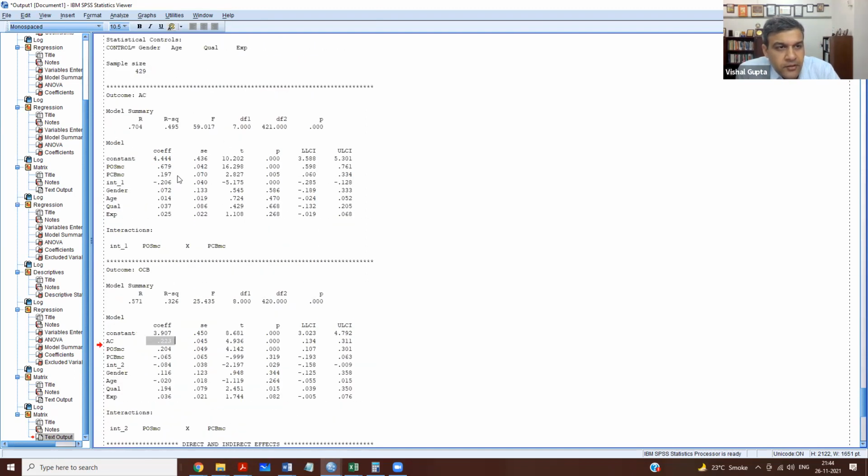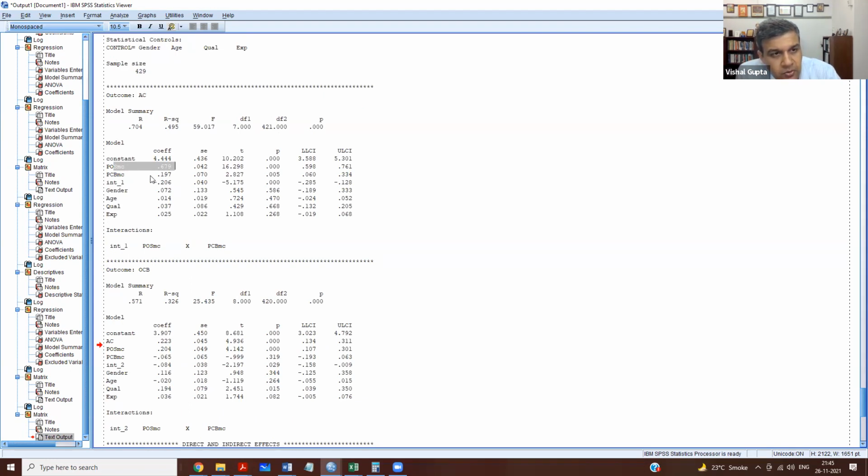Then what is A1? So we go back to when the outcome was AC. A1 is the path from POS to AC. So this is 0.679. It is significant at triple star.